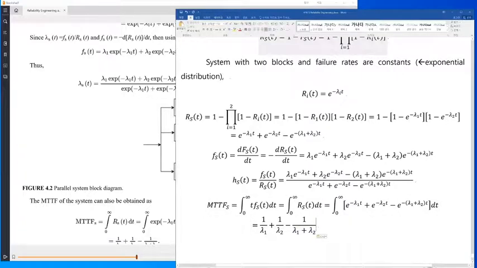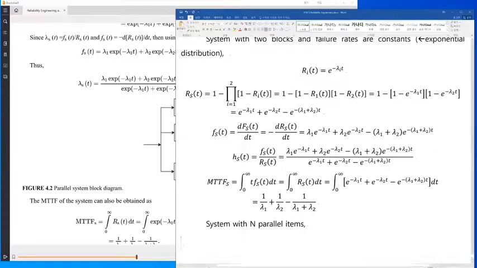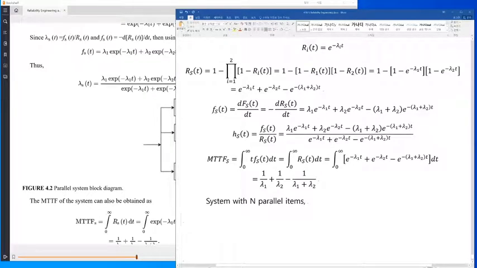So what about the case of a system with n parallel blocks or parallel items? Then what will be the reliability function?